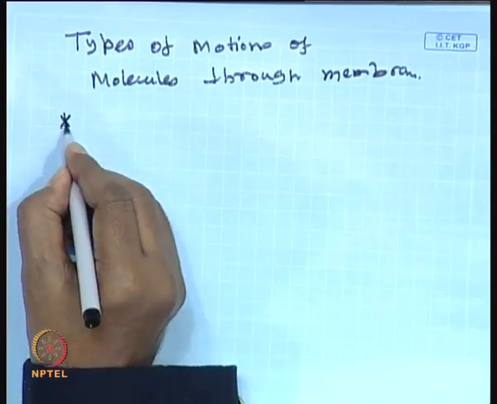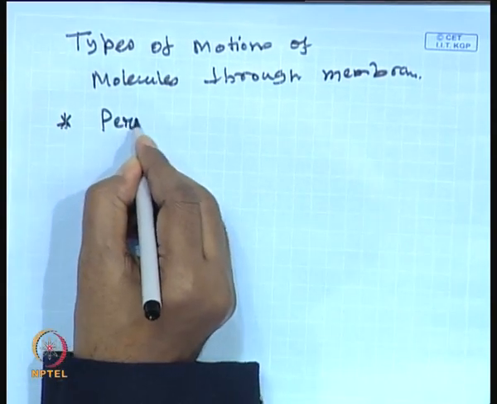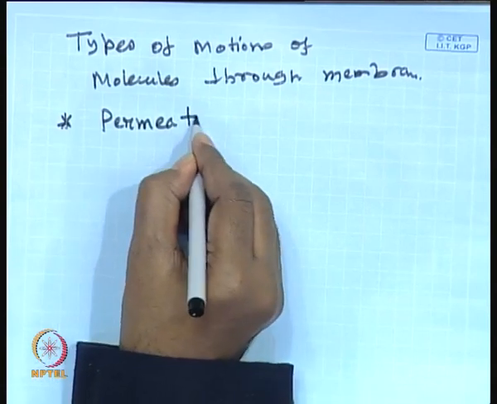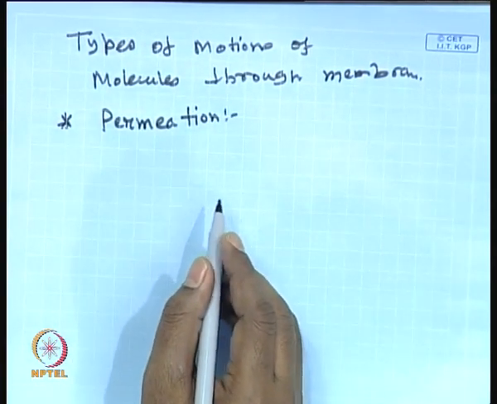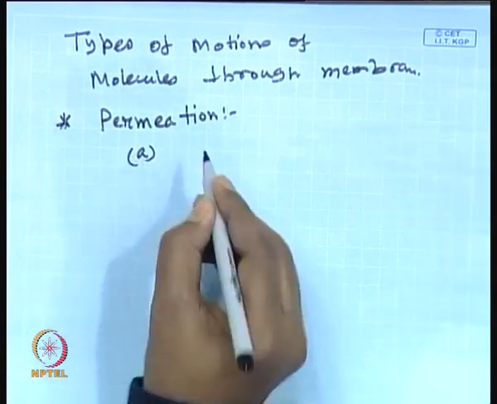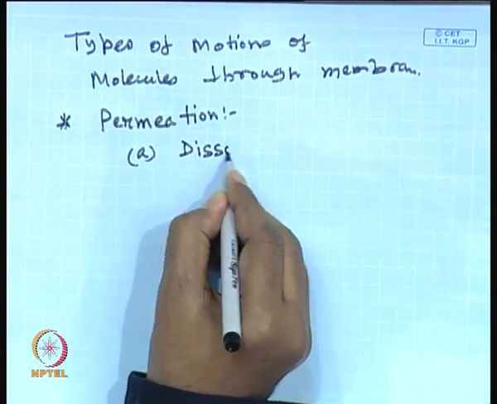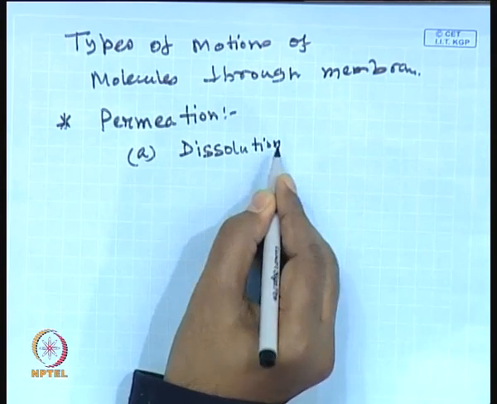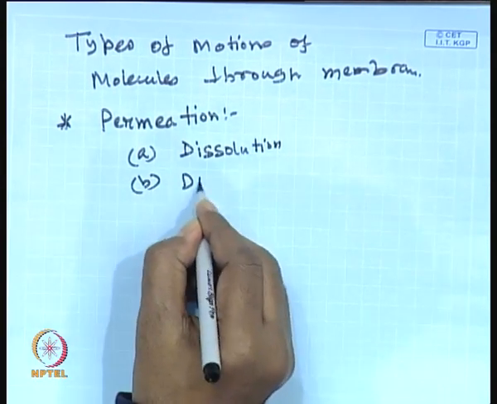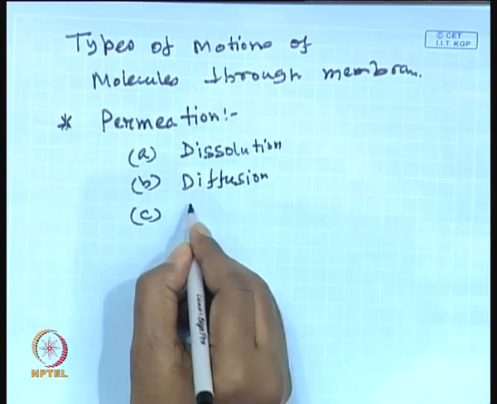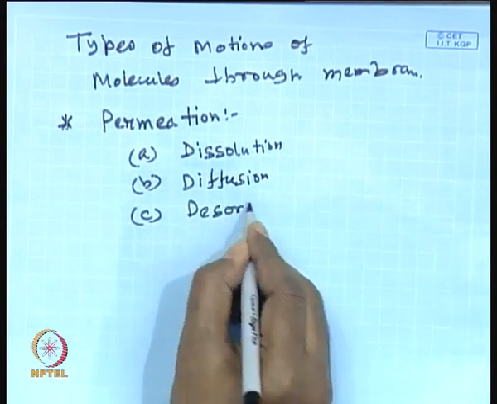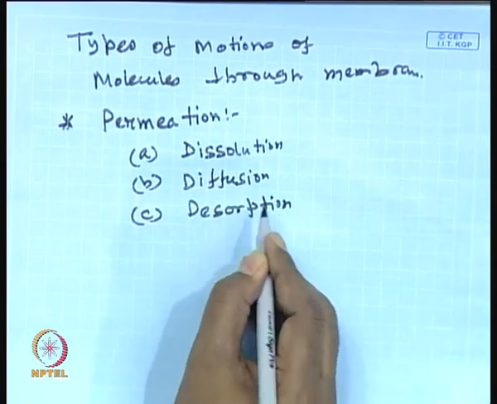The first process is called permeation. What is permeation? Permeation has three distinct steps. One is dissolution, another is diffusion, and the third one is desorption.